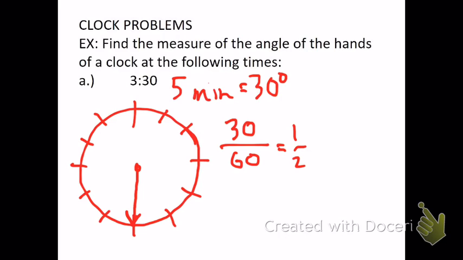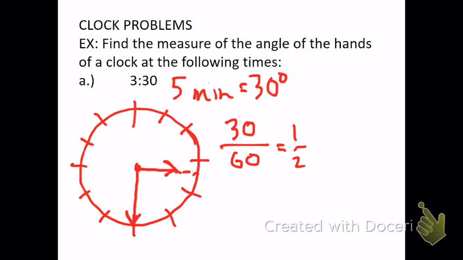Yeah, it's going to be between 3 and 4. Halfway between 3 and 4. Now that's obvious that that's halfway. If we had some other minutes like 25 minutes, then that's why we do this with the minutes divided by 60. You take 30 divided by 60, that's 1/2.